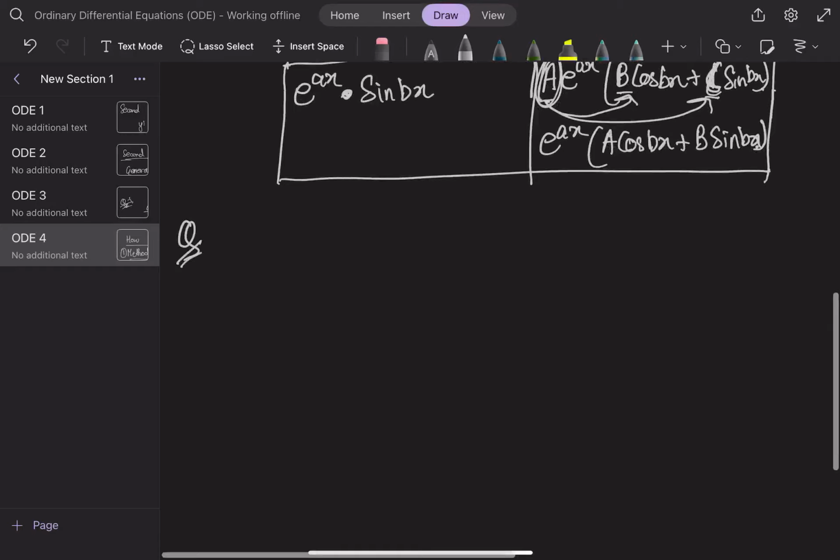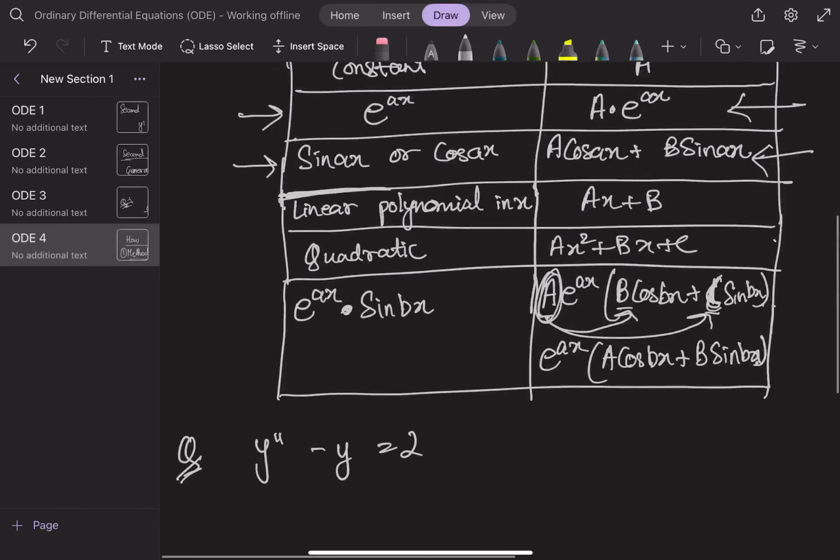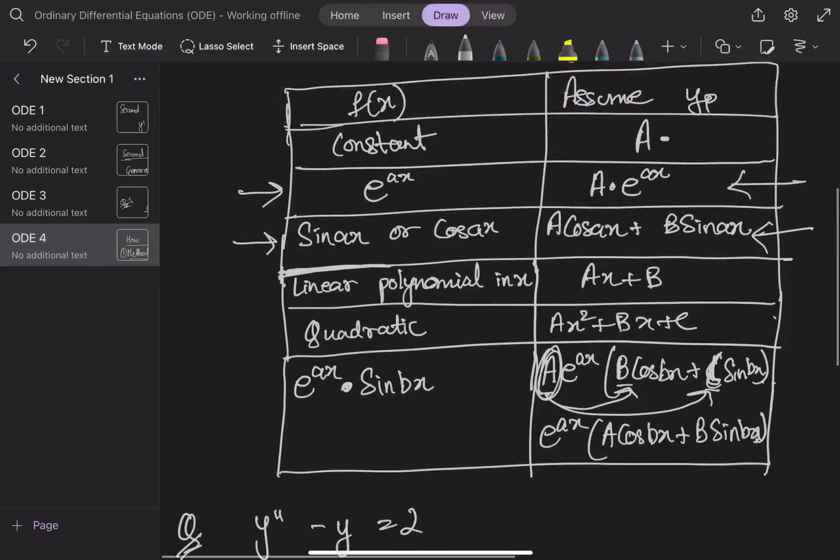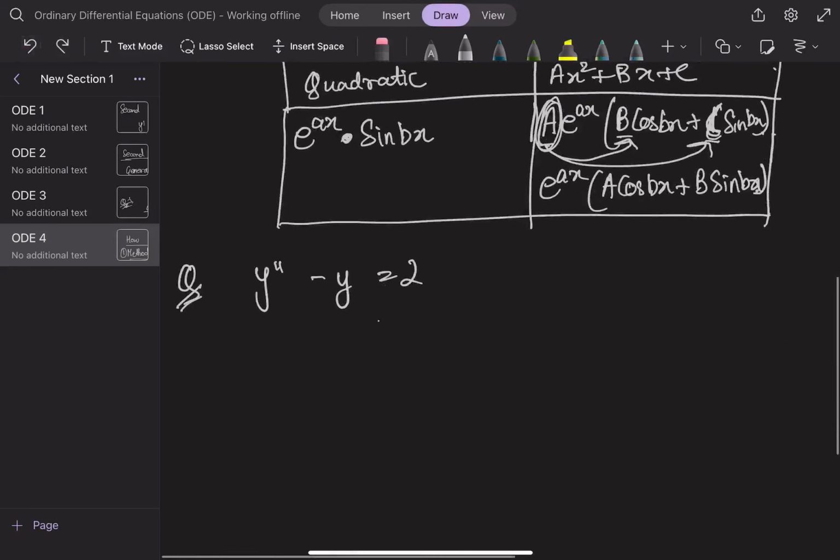y double dash minus y is equal to 2. As you know, the right hand side is a constant. So what do we assume? Another constant. So let yp be a.